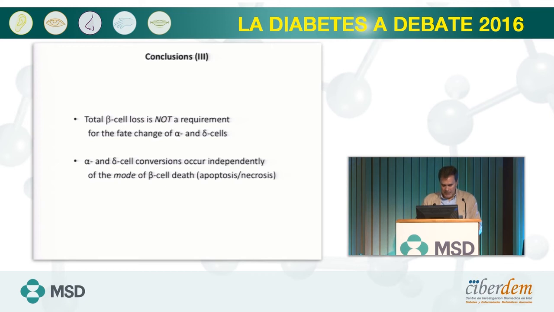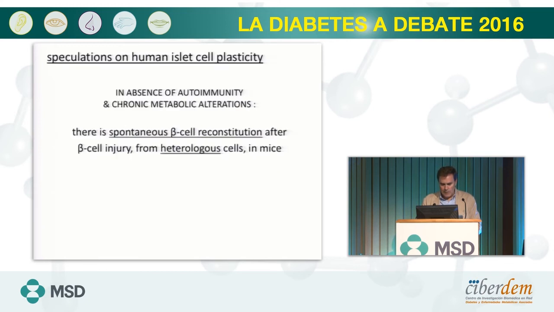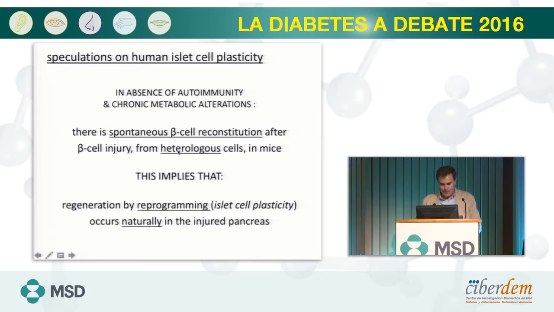So these are important pieces of information that I don't have the time to describe today in more detail. So we can speculate about human islet cell plasticity, since we know that in mice, in absence of autoimmunity and in absence of chronic metabolic alterations, there is spontaneous beta cell reconstitution by heterologous conversion. This means that regeneration by reprogramming, this plasticity, is something that happens naturally in the injured pancreas.